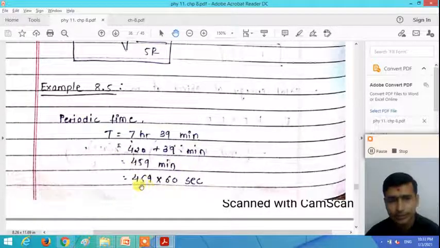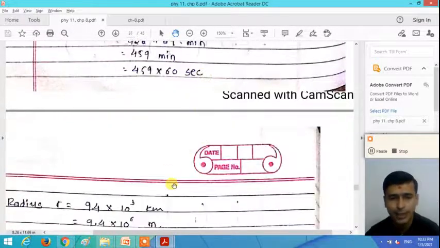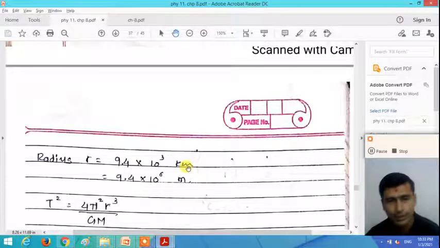Convert into seconds, 459 into 60 seconds. Understand? Next, the orbital radius of the moon is given to you. R is equal to 9.4 into 10 raised to 3 kilometer. Convert this kilometer into meter, so 9.4 into 10 raised to 6 meter, right?